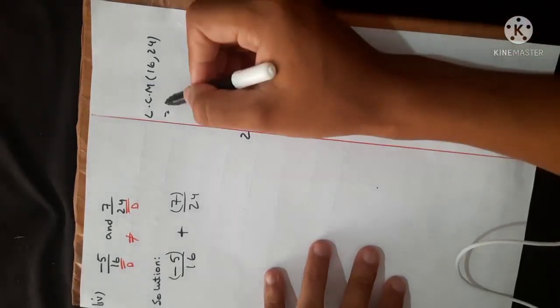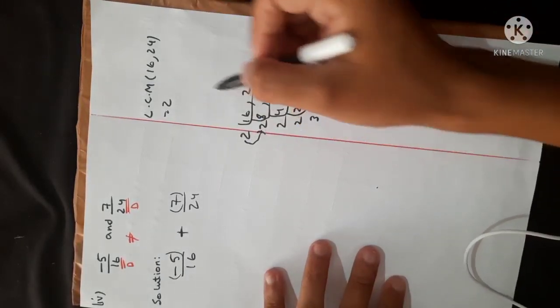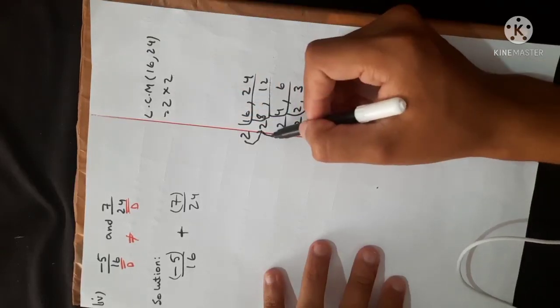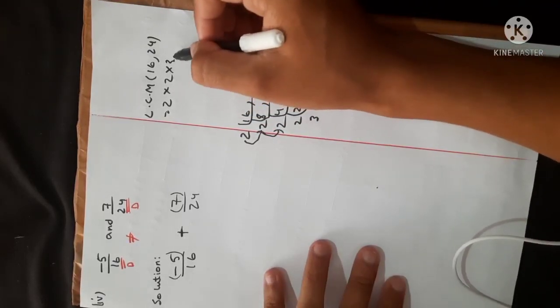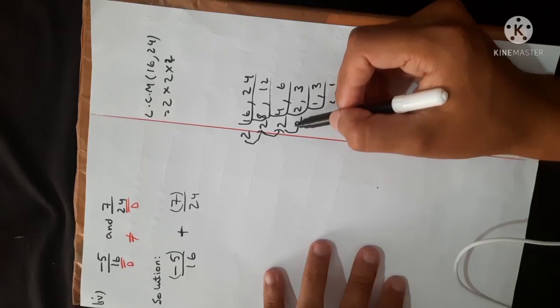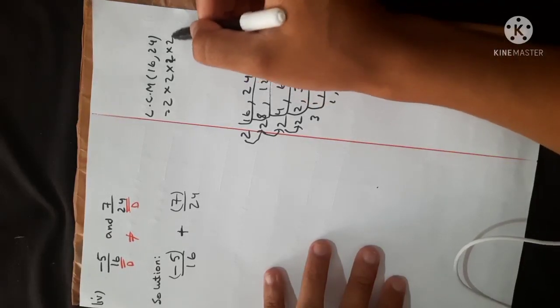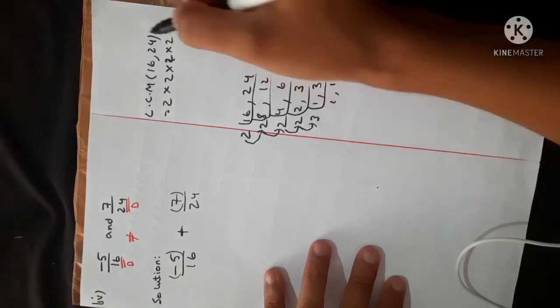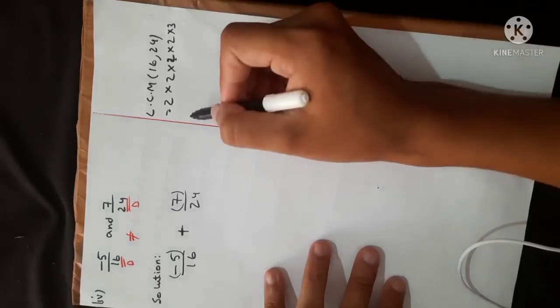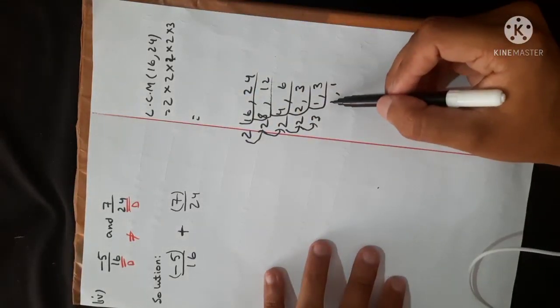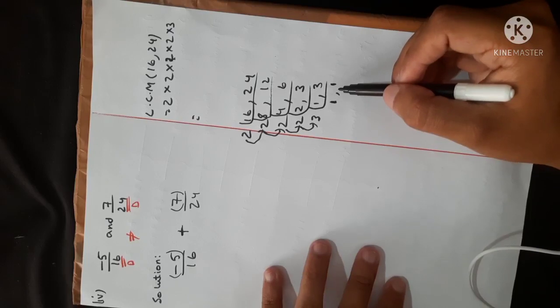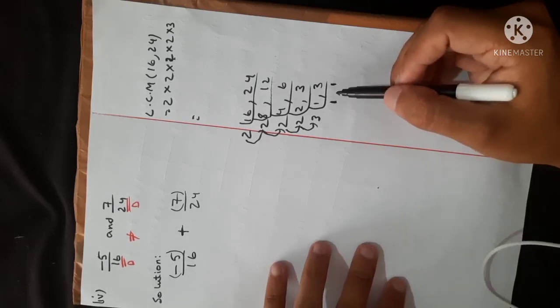So LCM is 2 multiply 2 multiply 2 multiply 2 again, multiply 3. Remember, we stop when there is only 1 and 1.